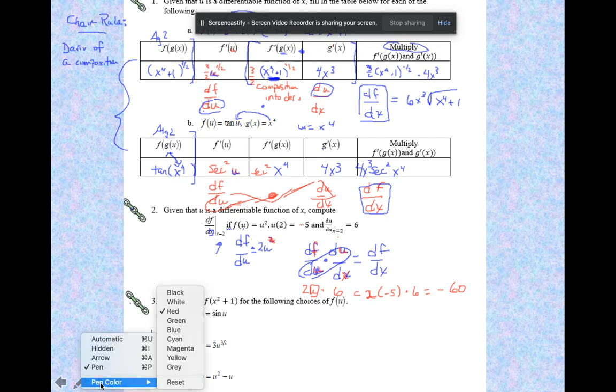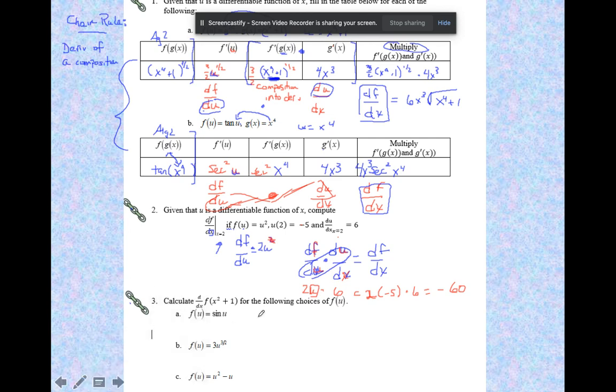So down here, same type of situation, although here they're just trying to get you to see who would be, right? If I have a function in terms of u, but I want the derivative of the function with x squared plus 1 replacing u, what is this asking me to do? What is the derivative of that function f with respect to u?